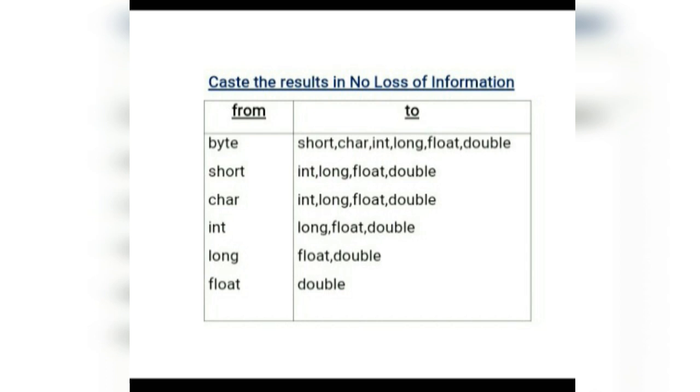For example, if int is large enough to hold a byte value, suppose I have byte b is equal to 75, then int a is equal to b. That means this is a valid statement. It is only possible when the destination type has enough precision.